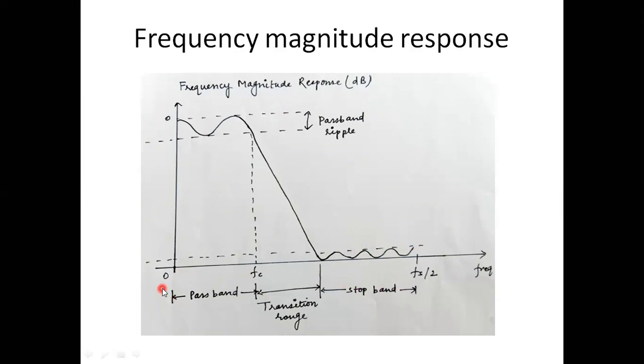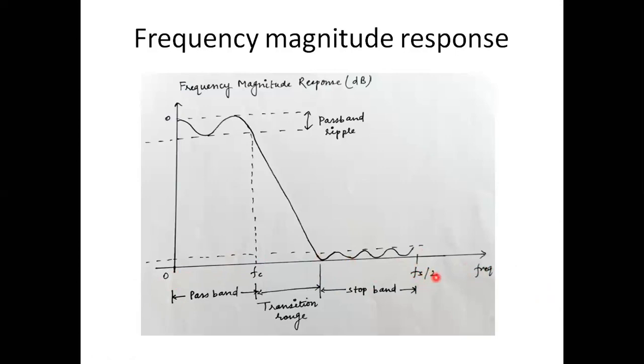So this x-axis frequency is starting from 0 Hz to a maximum frequency, and that maximum frequency is half of sampling frequency, which is your Nyquist rate, Fs by 2.